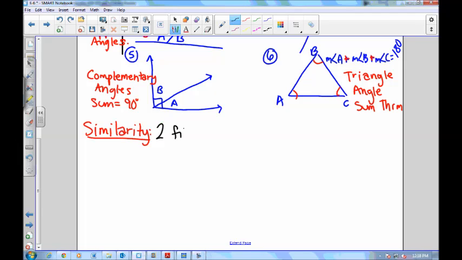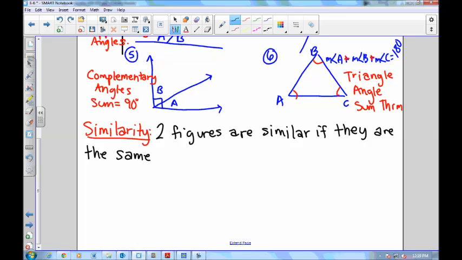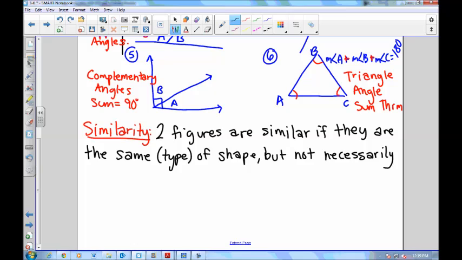Okay, similarity happens when we have two figures. Two figures are similar if they are the same, I'm going to put in parentheses, type of shape, but not necessarily the same size.